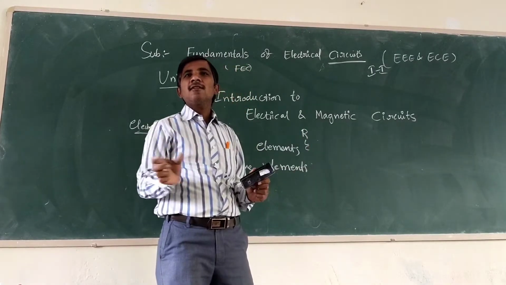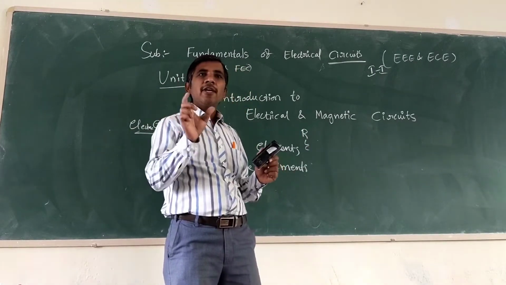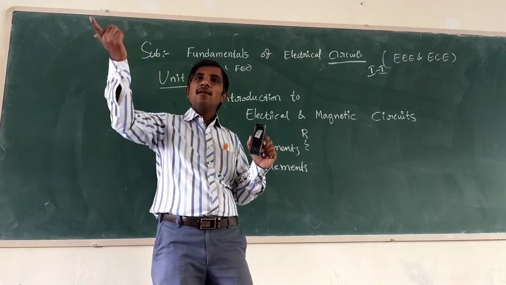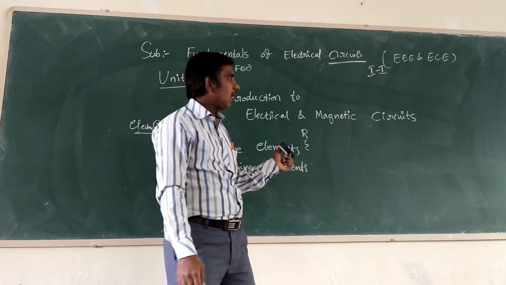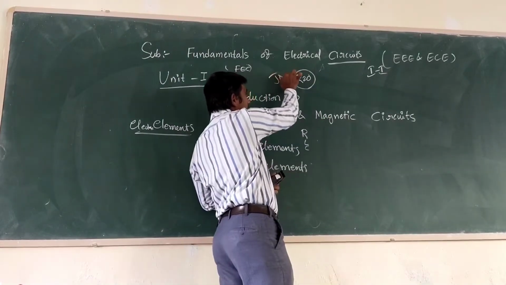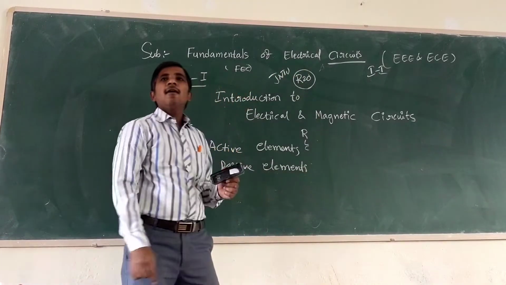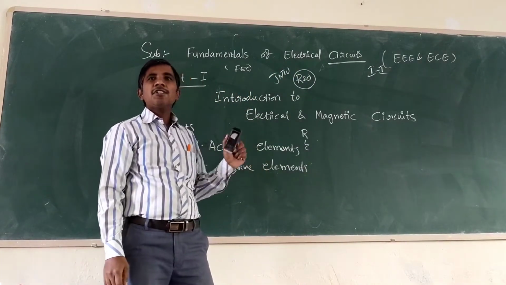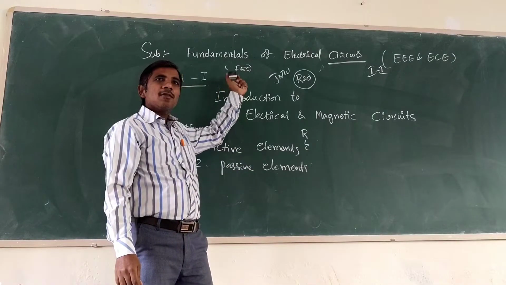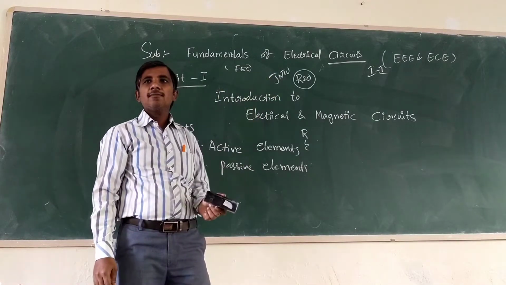In previous regulations, the continuation lab would be in the next semester. It is the advantage of the R20 regulations. If you see the JNTU Anantapur R20 regulation syllabus, it is common for EC and EEE first year, because both branches have to study fundamentals of electric circuits.